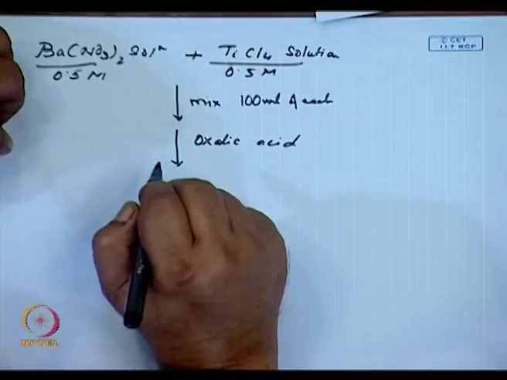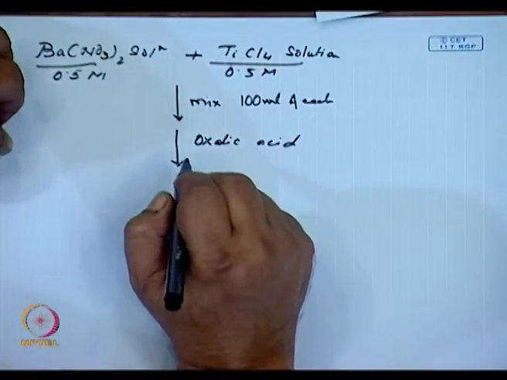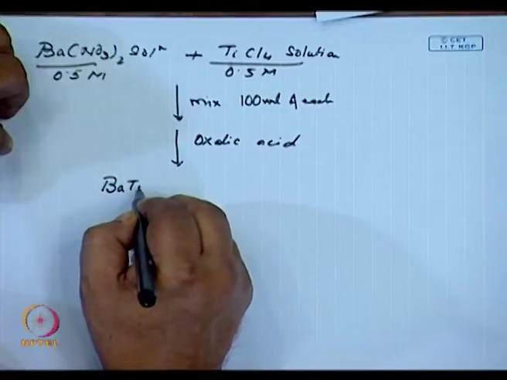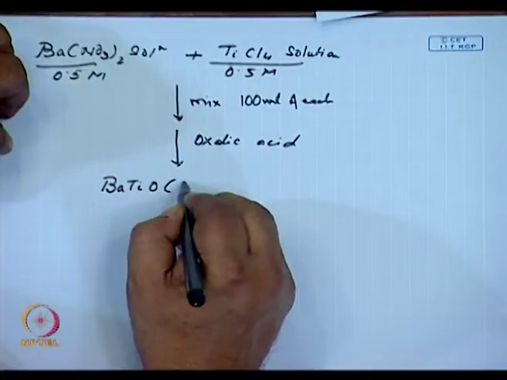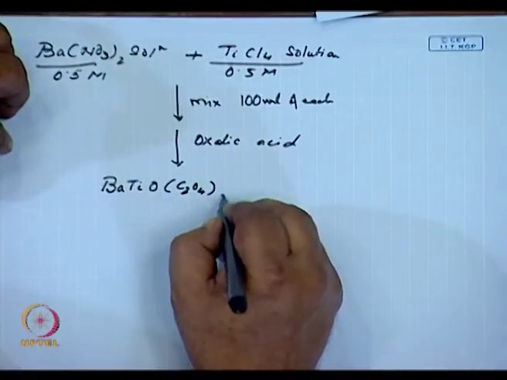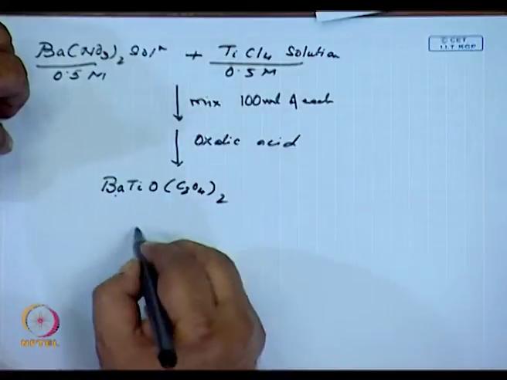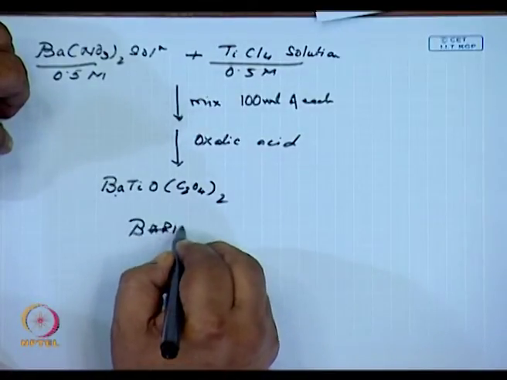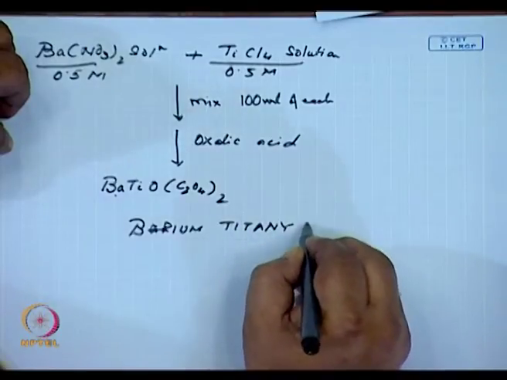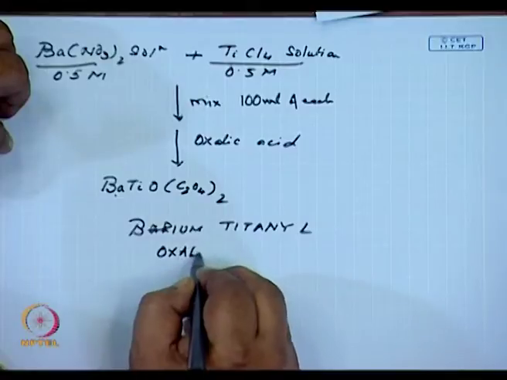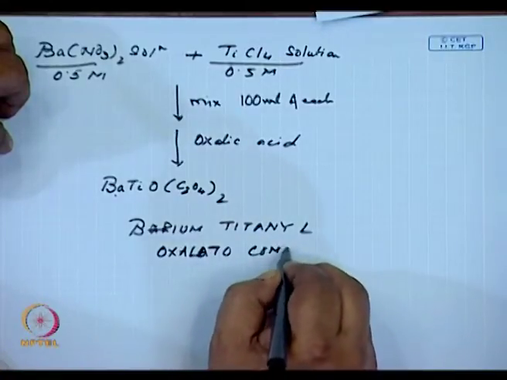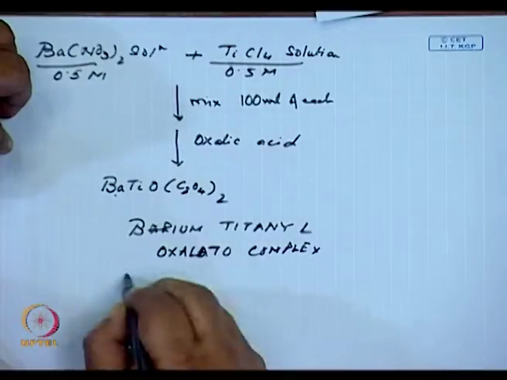What happens immediately when we add oxalic acid is a compound BaTiO(C2O4)2, barium titanyl oxalato complex, is formed.